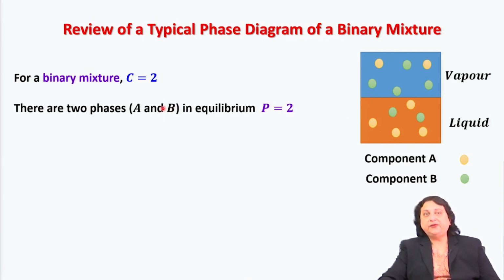Now, I have 2 phases in equilibrium where I simultaneously have the components present in the vapor phase and the liquid phase. Both the components are present in both the phases.